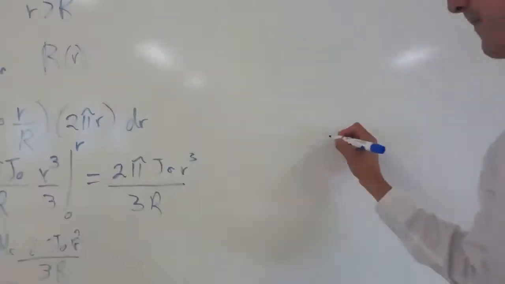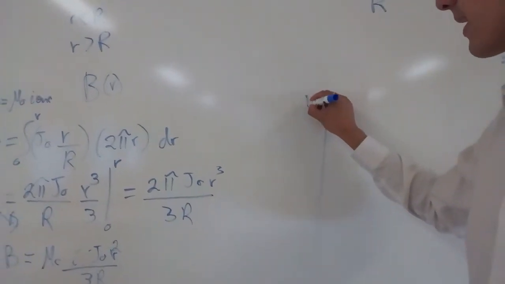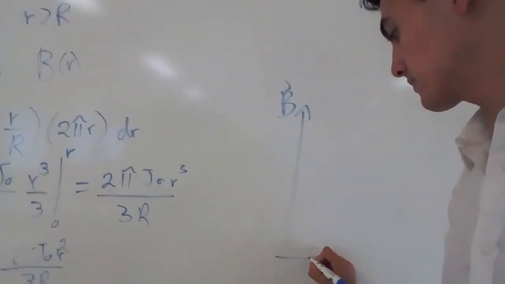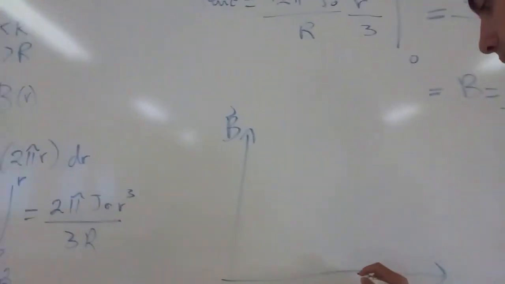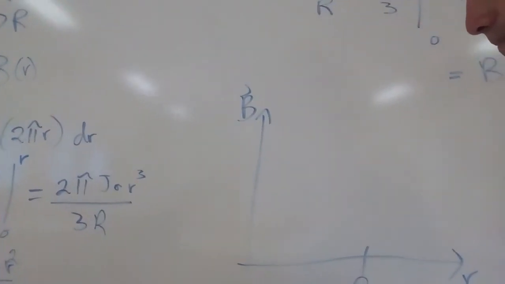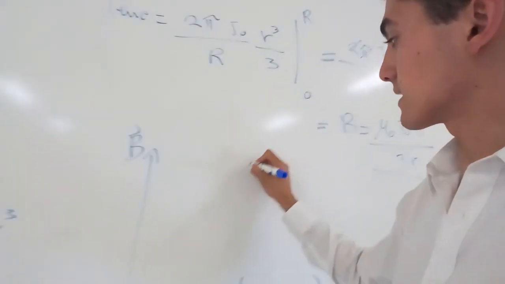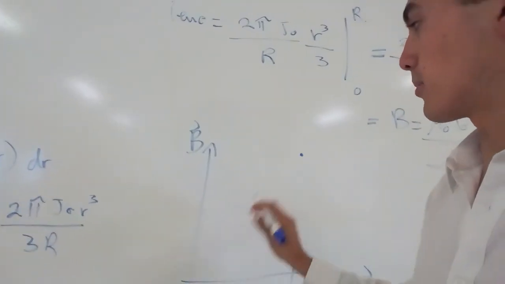And once we graph it, I'm going to graph it here. Here we will have our magnetic field, and here we will have our radius, and here we will have our capital R. But here we have the cylindrical part itself.